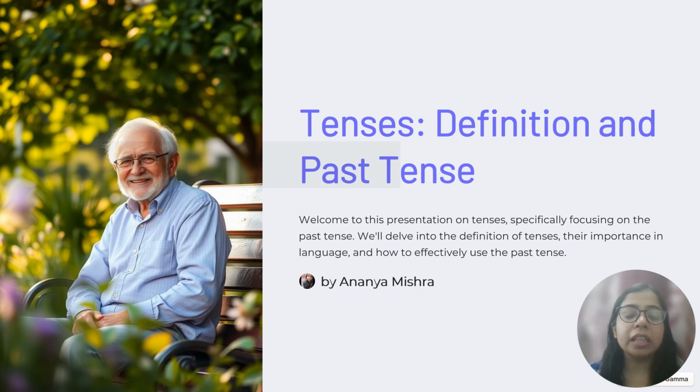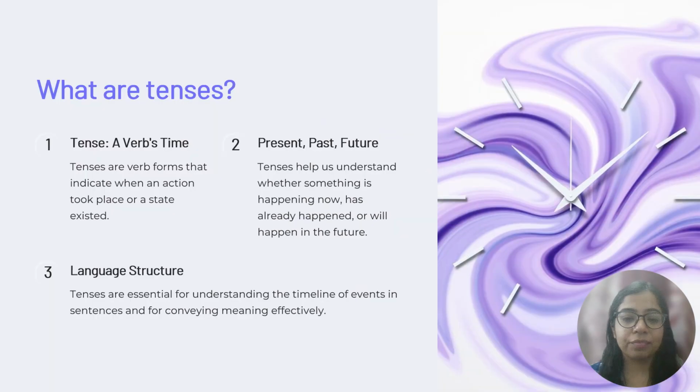So in this presentation we'll study about tense, what is tense, what kind of tenses there are, and we will focus on past tense. Now what are tenses? First, it tells about a verb's time. What is a verb? In unit 1 we studied that a verb is an action that is taking place in a sentence.